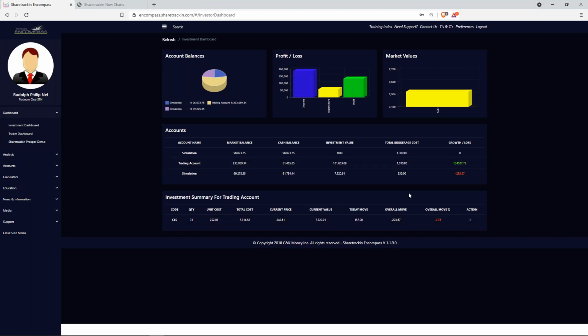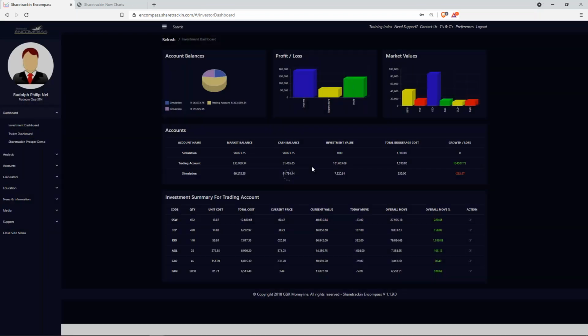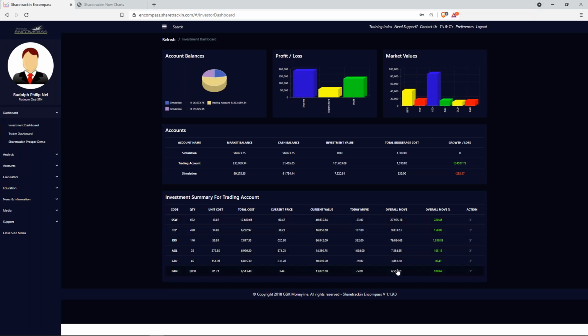So it will more or less look something like this if we go over to my trading account. So there's my overall movement on my shares. So it would look something like that: 27,000, 9,000, 79,000. All right, so that would be more or less what it's going to look like. So you'll see that now on my trading account, all my current pricing would be higher than what my unit costs were.